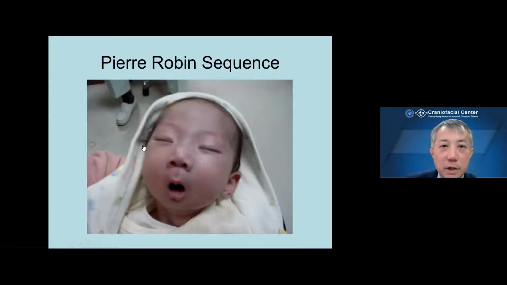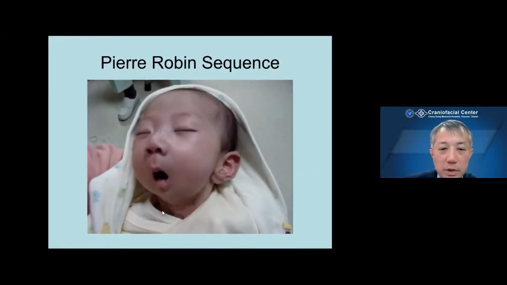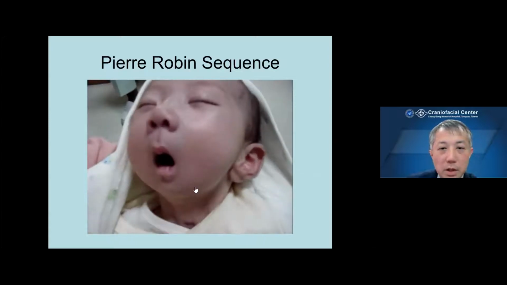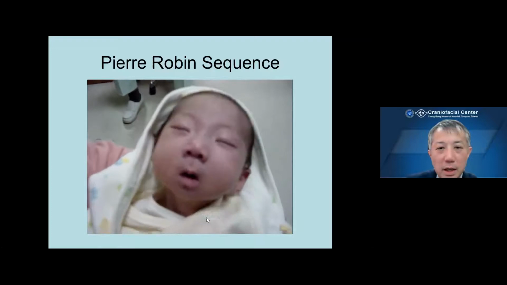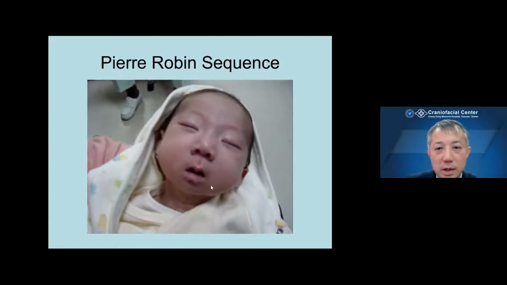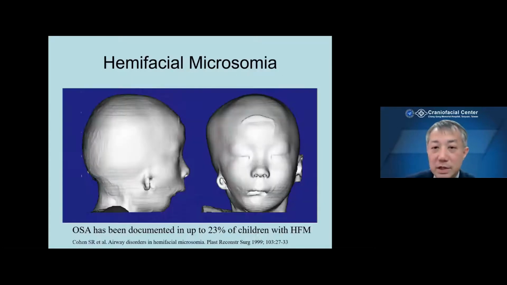So for this Pierre Robin sequence patient, you can see clearly the suprasternal depression, and the patient is struggling, cannot breathe, and cannot go into sleep very stably. We know that at the very beginning of life, sleep is very important for good growth.